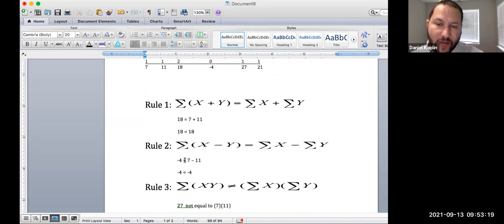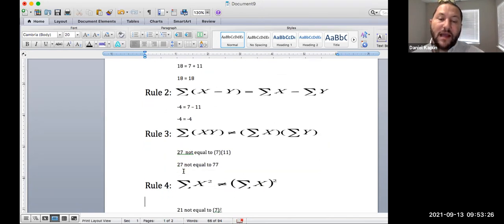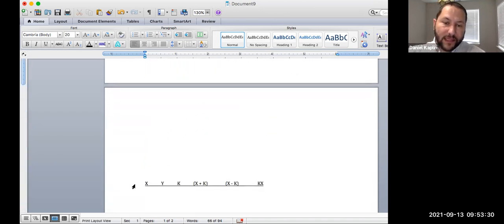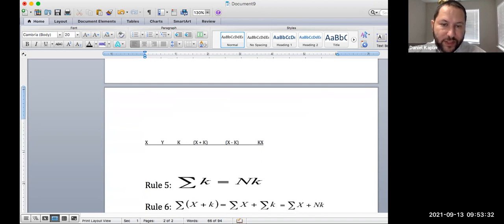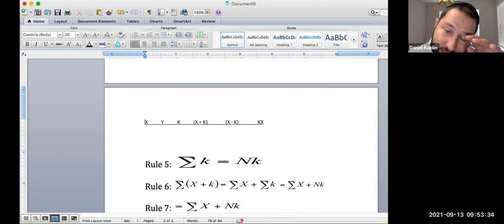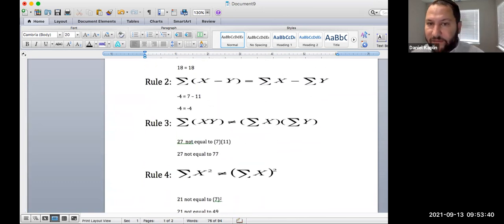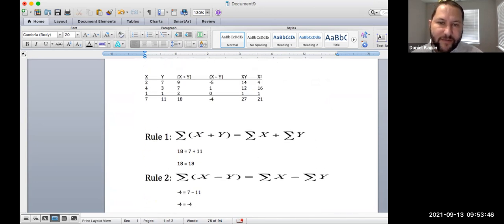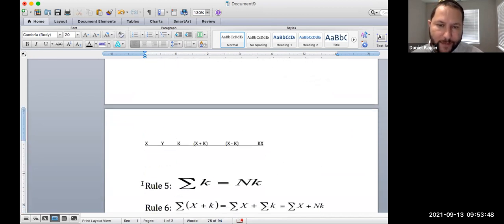The next is the sum of the x minus y column, negative 4 is equal to 7 minus 11, which balanced. And then the other two did not balance. So now let's go back to our rule set, right? So here we are going to continue. Now I'm going to use the same numbers. Obviously, if we want to prove the rules, we probably should use the same numbers. So it was 2, 7, 4, 3, 1, 1, right?